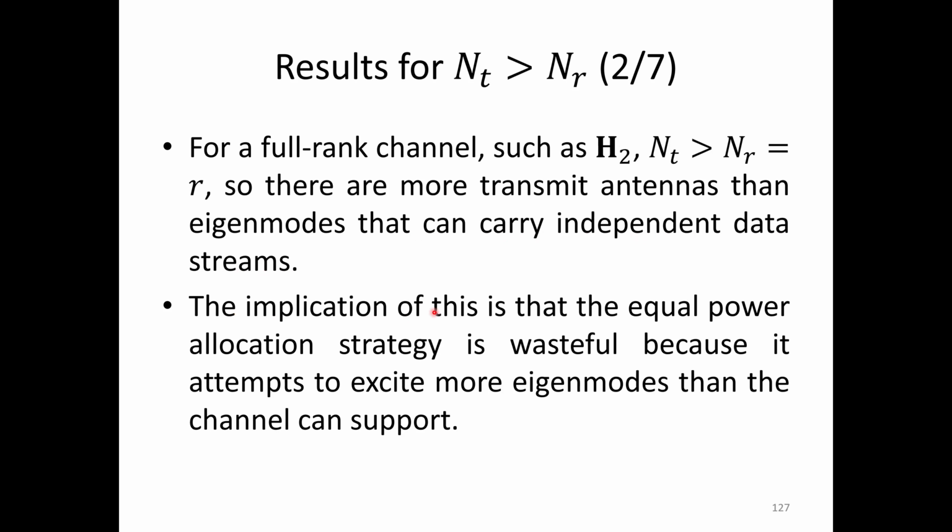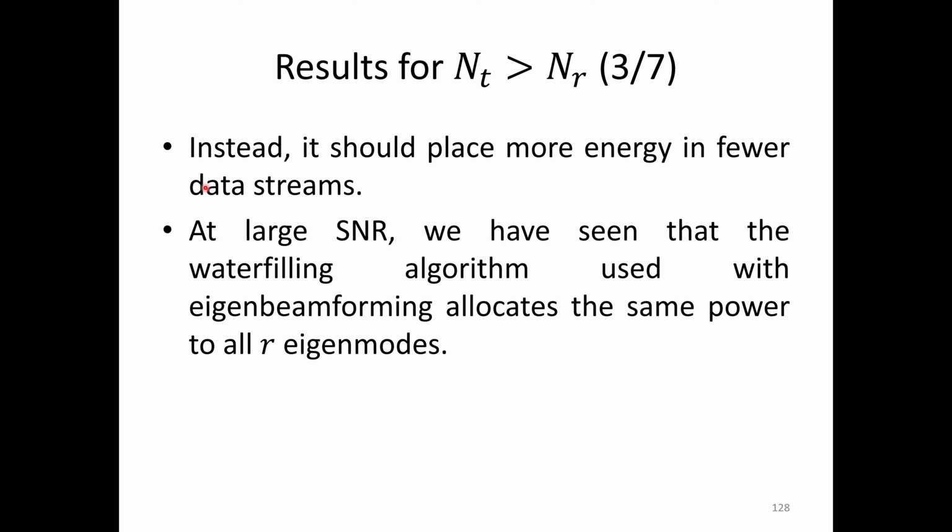The implication of this is that the equal power allocation strategy is wasteful because it attempts to excite more eigenmodes. That is, it attempts to excite 4 eigenmodes, but the channel can only support R eigenmodes, that is 3 eigenmodes.